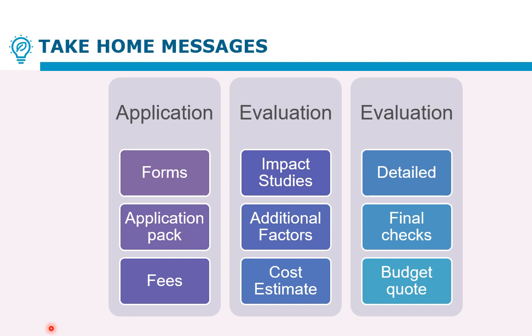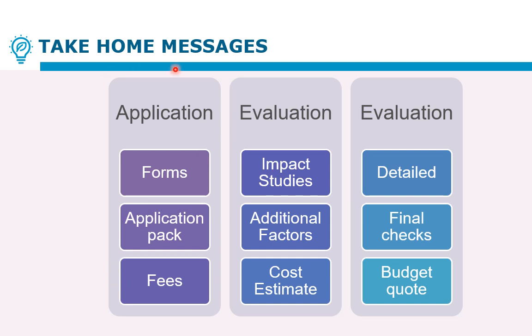So to summarize, step 1 is about the application process. It is the forms and the application pack that is given to the customer, the application form that's completed, and the application fee that is paid.